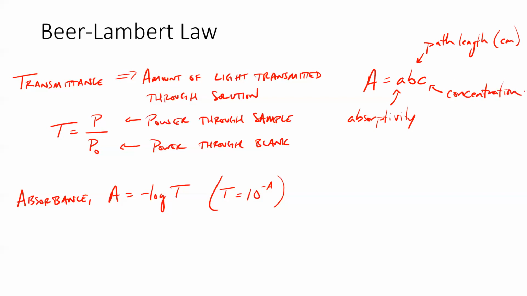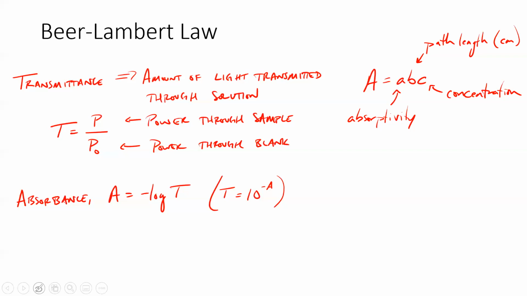We're very used to seeing this in molarity, but it could be any kind of concentration. It could be molality, it could be parts per million, it could be grams per liter. It doesn't really matter what our concentration unit is. If we just use the blanket absorptivity term, then it's not necessarily molar absorptivity, right? And so that concentration and the absorptivity units need to match. But other than that, we can use pretty much any concentration unit.